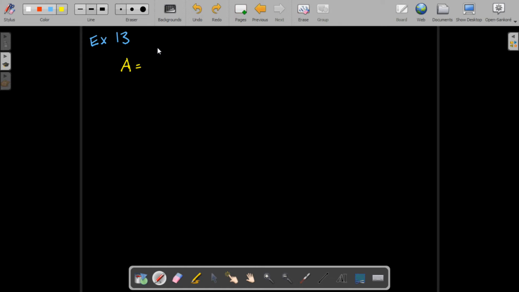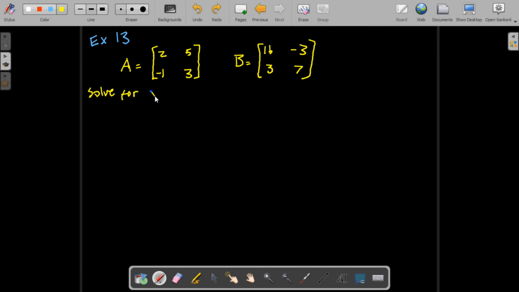Okay. So we start with AX equals B. Well, let's just put in the numbers. So 2, 5, minus 1 and 3, times by x, y, and that equals matrix B, which was 16, minus 3, 3 and 7.